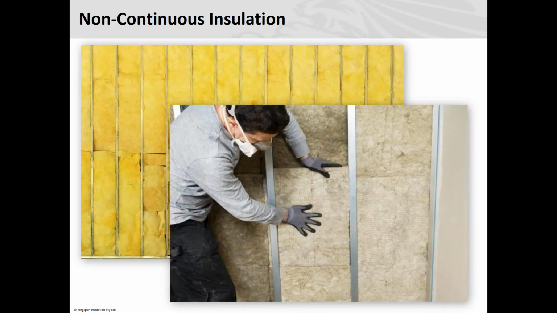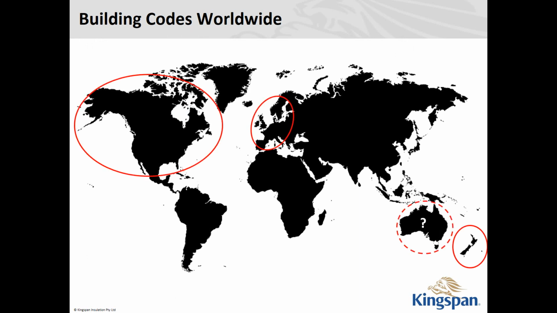In steel it is a lot worse, but there are still gaps where the steel is. So finding ways of disrupting this pathway of heat is really the way to go. In most areas of the world, such as throughout the US, most of Europe, even New Zealand, they take thermal bridging or non-continuous insulation into account.